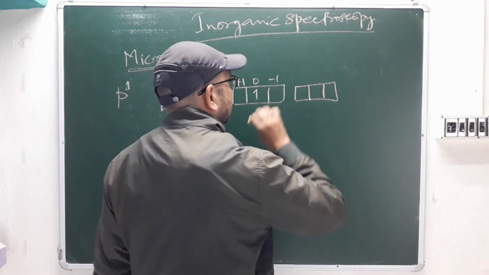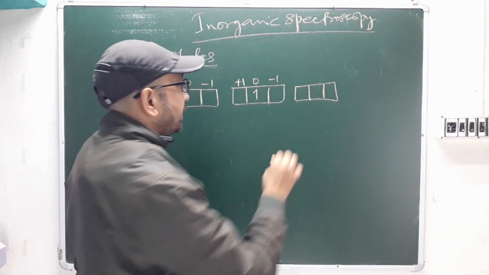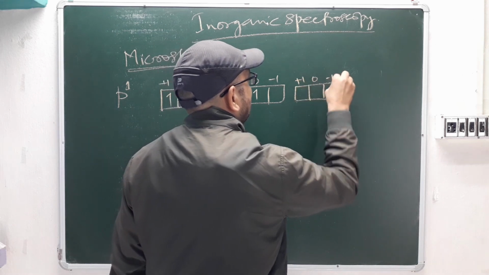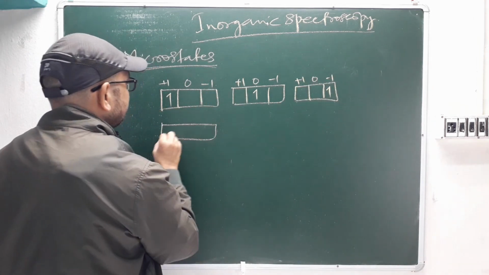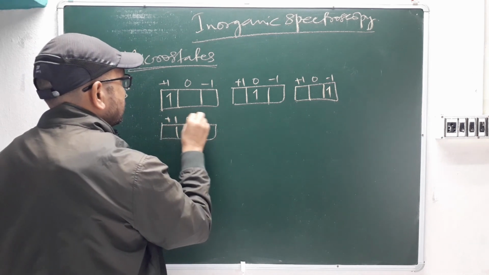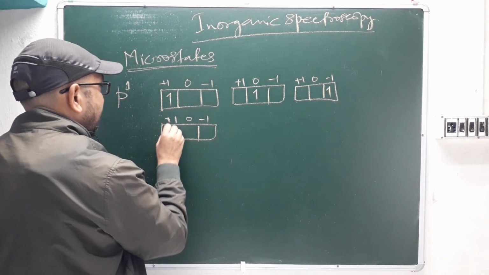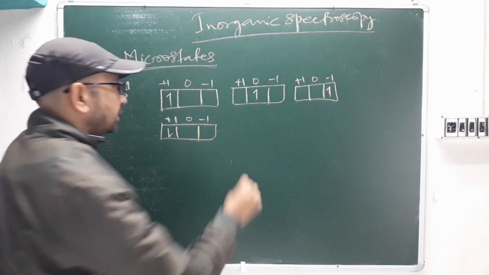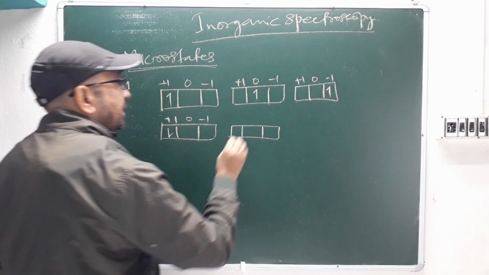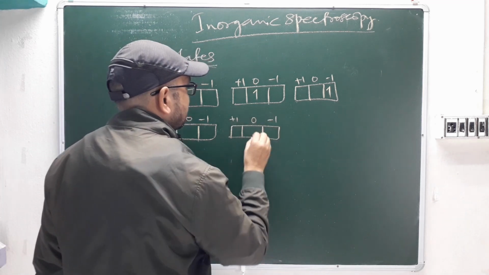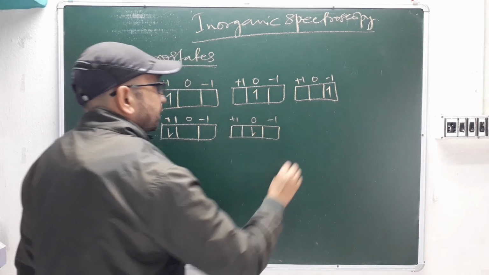After that I'll give you the formula. So plus 1, 0, minus 1, the electron can reside here, and then again plus 1, 0, minus 1, the electron can reside in this way, anti-parallel. This is plus half, this is minus half. Plus 1, 0, minus 1, the electron can reside here.